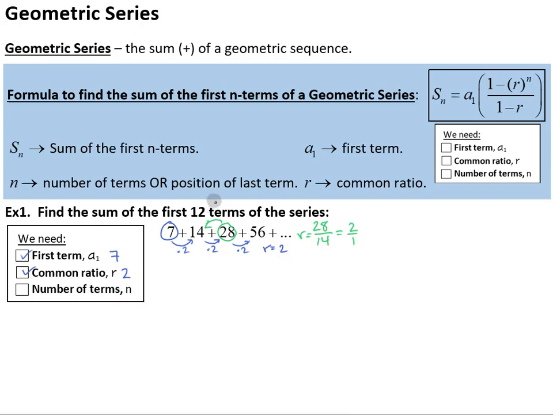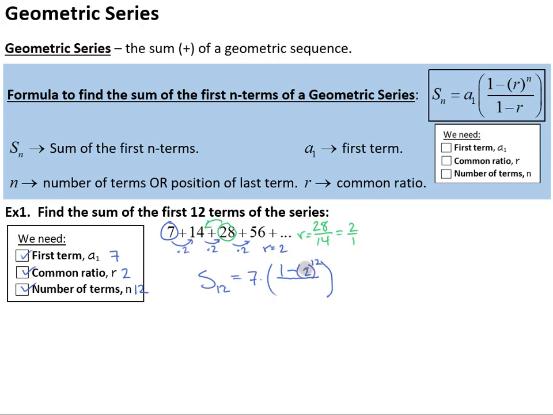Okay, but we got our second value, and then our number of terms. Well, it did tell us here to find the first 12 terms. So they actually did, in verbiage, tell us the number of terms we're searching for. Okay, so we're going to start plugging in to the formula here. The sum of the first n terms, the sum of the first 12 terms, equals our first term, which is 7, times a big fraction here: 1 minus, parentheses, r to the n power.